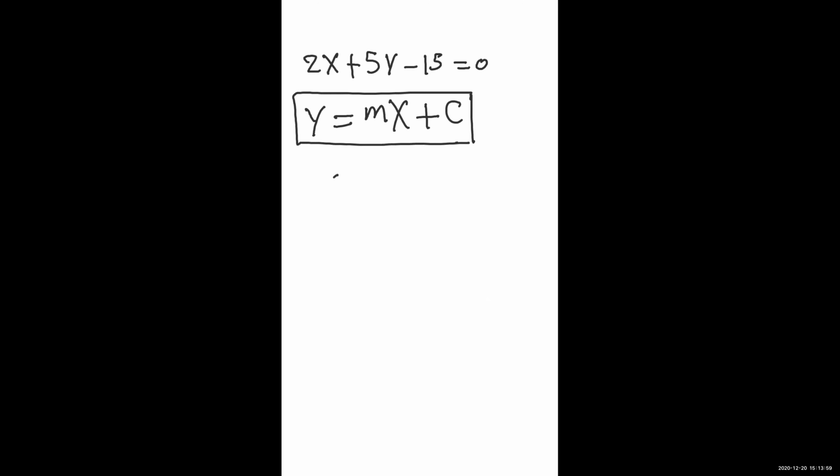So this means 5y will equal negative 2x plus 15.